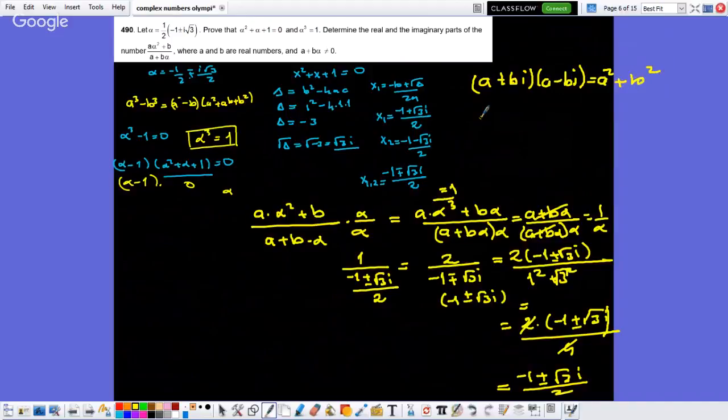So this is root 3i squared, it should be, which is equal to 3. But I wrote directly 3.